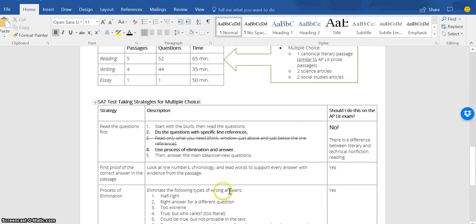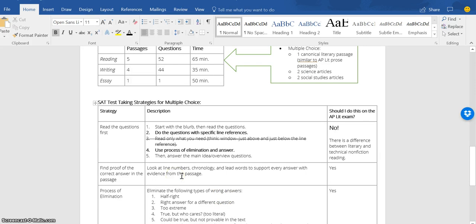Here's the main difference I want to talk about. In seminar and in your SAT prep classes, you learn that you should not necessarily read the whole passage and instead read only what you need, just above and just below the line reference. Please, please, please do not do that.